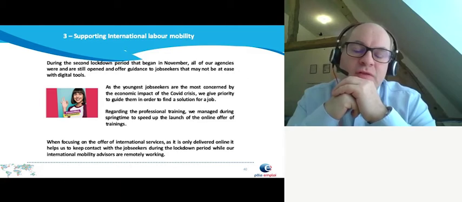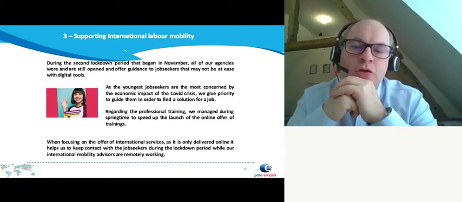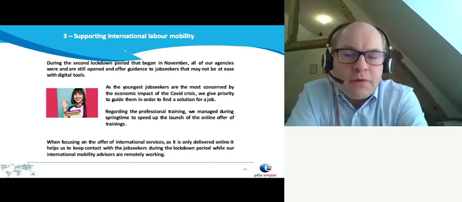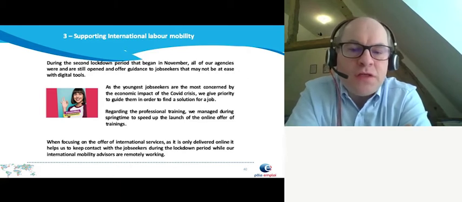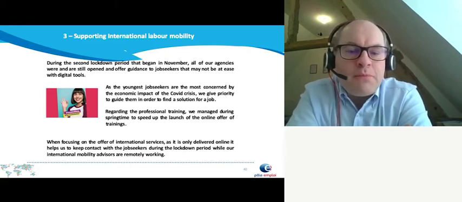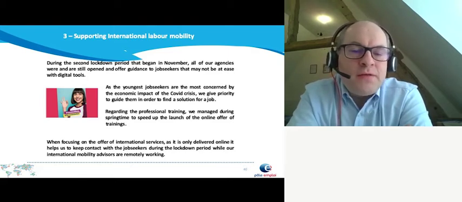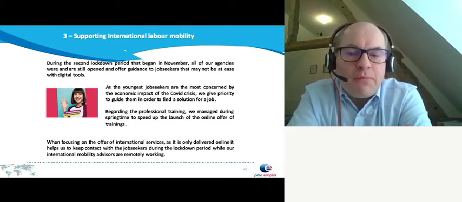So the French government prioritized our actions on these young job seekers, and therefore our priority is to welcome and follow these young people in order to find them a solution as quickly as possible so that they're back on the labor market.